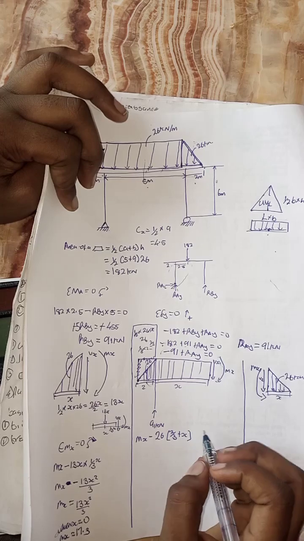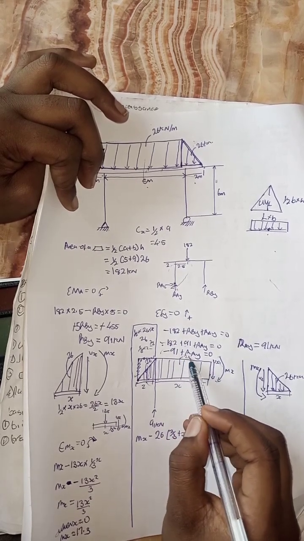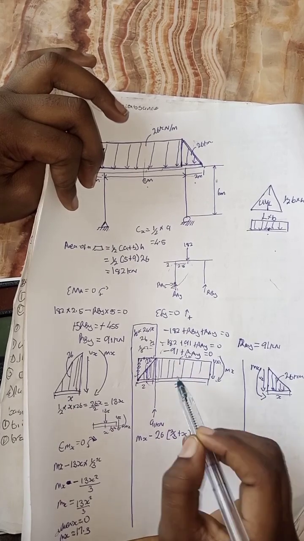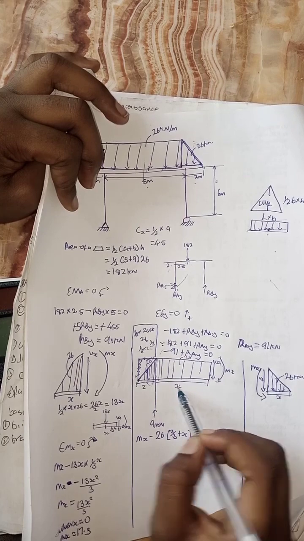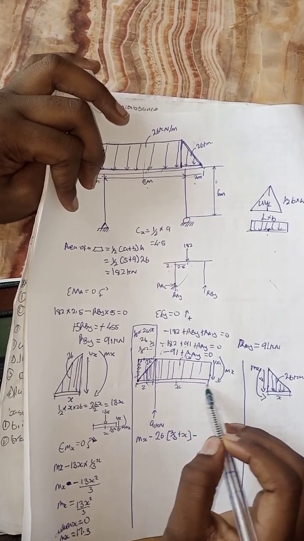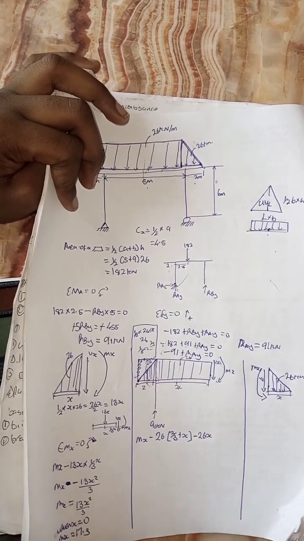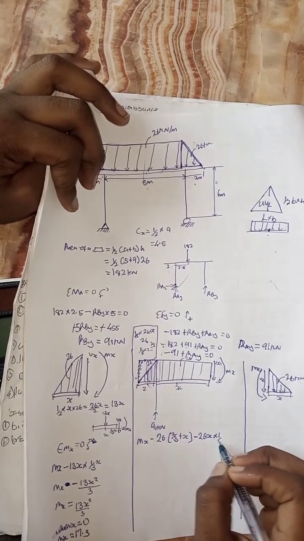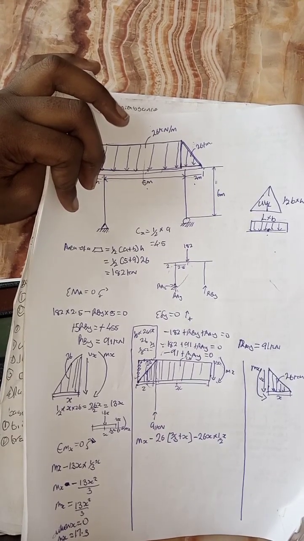Then we now have minus 26, this UDL will be 26, so the area of this is length times breadth, that's 26 times x. And where is it acting? At 1 over 2 of this, where the centroid is, so minus 26x, length times 1 over 2 of x, right? Is there anything we have not added?